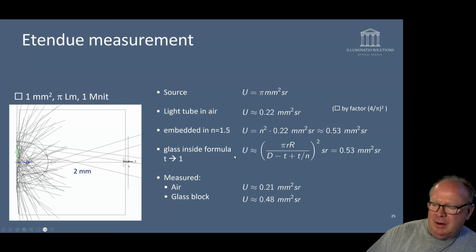Then I took LightTools and measured the étendue by simply putting a certain luminance here and measuring the flux here. In air, I get 0.21, which is pretty close to this calculated value. And with a glass block inside, I get 0.48, which is similar to this one.